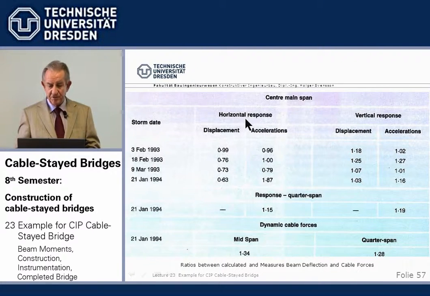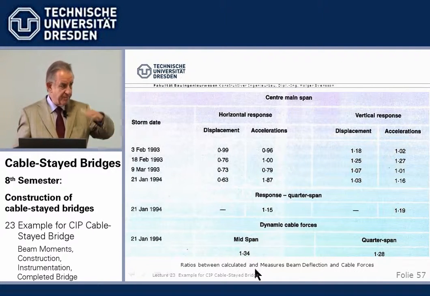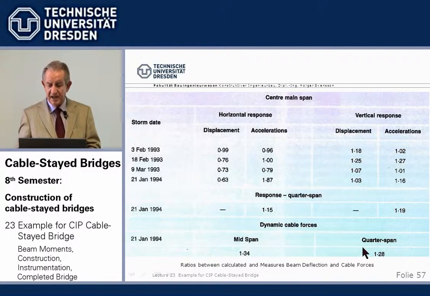The horizontal response of the beam was checked, and for these heavy storms it's in the 90 percent region. The vertical response is about the same. The difference between actual and measured wind reaction is very nicely close. And also the dynamic cable forces under these oscillating loads were 25% higher than anticipated.